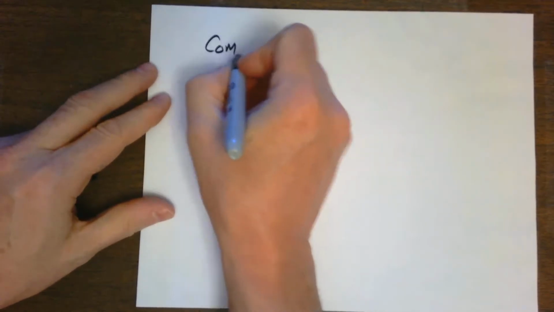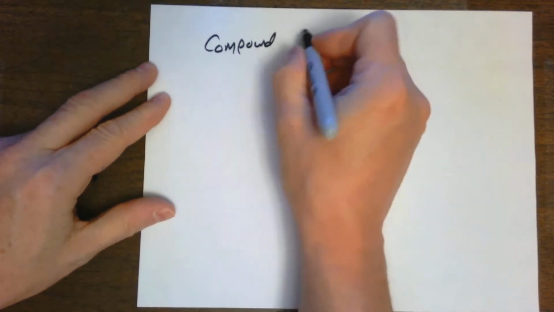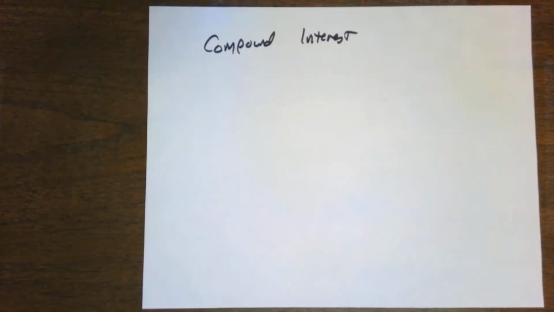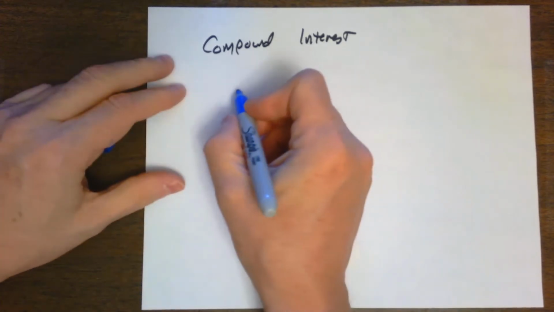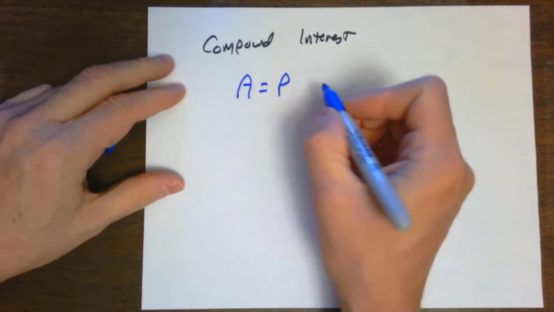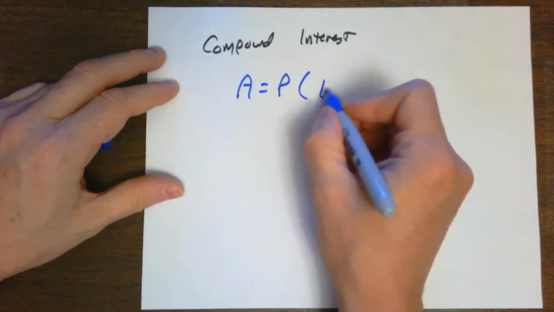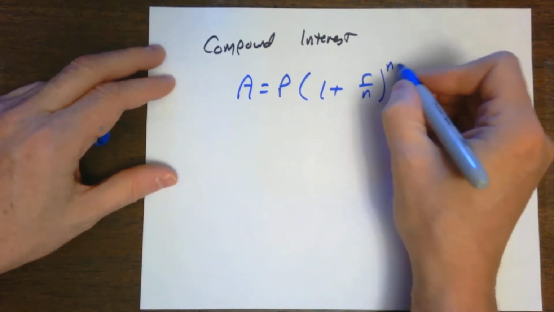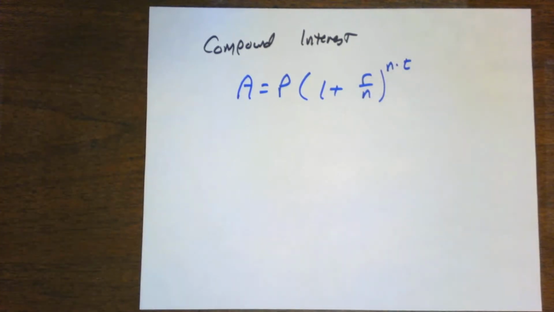In the next formula, we're going to deal with something called compound interest. The compound interest formula, a little bit more complicated. A equals P times (1 plus r over n) to the power of n times t.